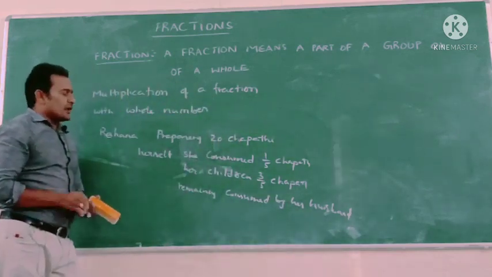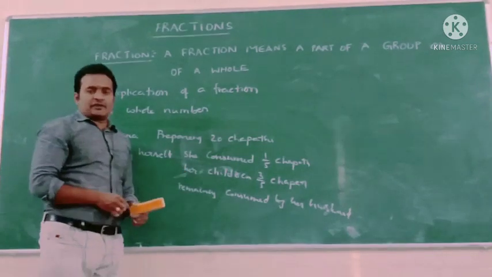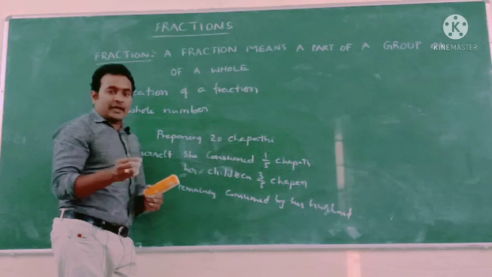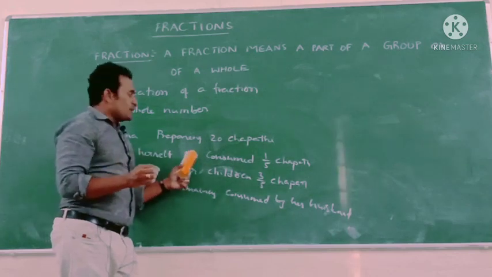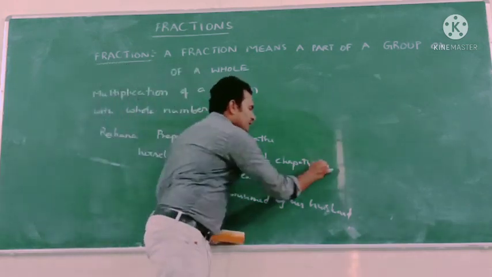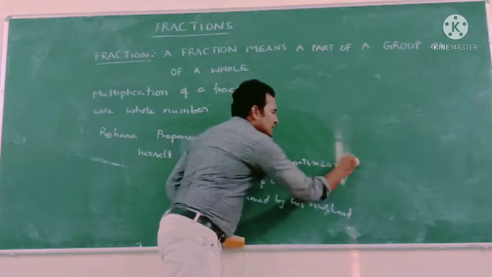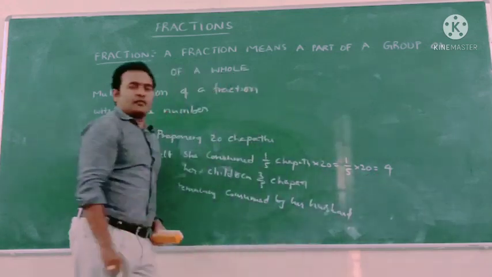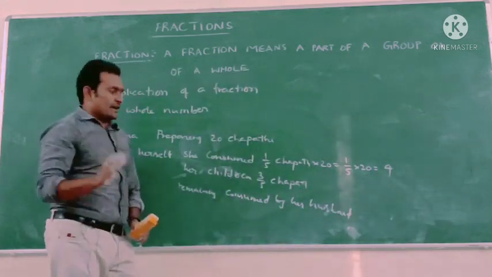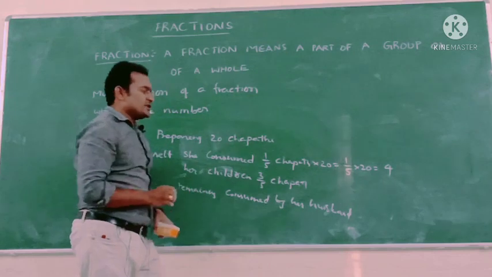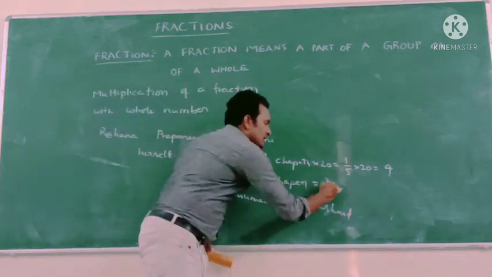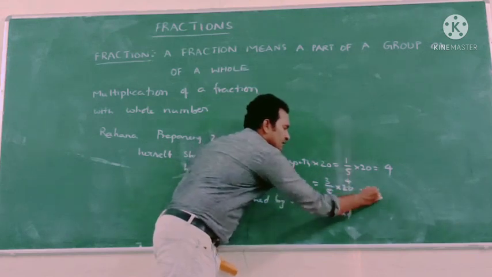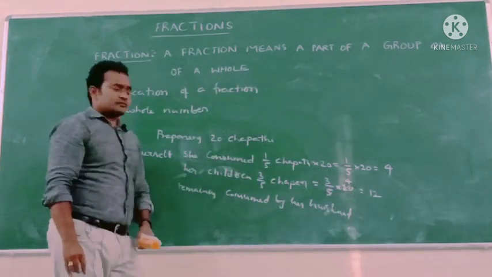Fractional value. So coming to the total number of chapatis, 20 chapatis. 1/5 of the chapatis were consumed by herself, that means Rehana. So 1/5 into 20, simply 1 by 5 into 20, how much? 4. 4 chapatis consumed by Rehana. 3/5 of the chapatis consumed by her children, 3 by 5 into 20, that is 5 in 20 goes 4 times, 3 4s are 12.